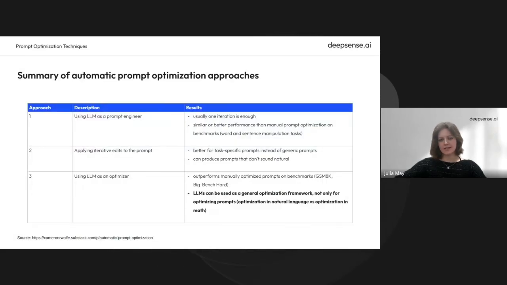And the interesting case here is that LLMs can be used as a general optimization framework, not only for prompts but for different kinds of optimization, like optimization in natural language instead of optimization in math. So different view of the optimization process.